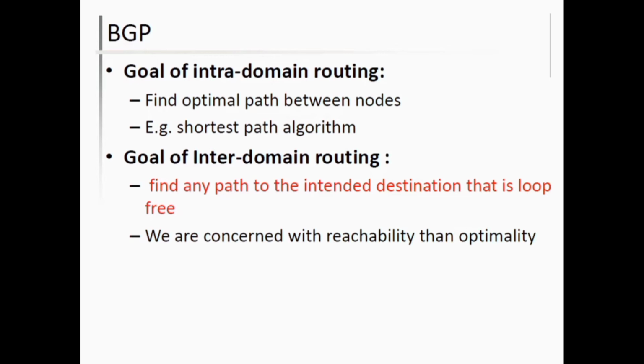So here reachability is very important rather than optimality. Keep these two separate goals of intra-domain routing and inter-domain routing respectively.